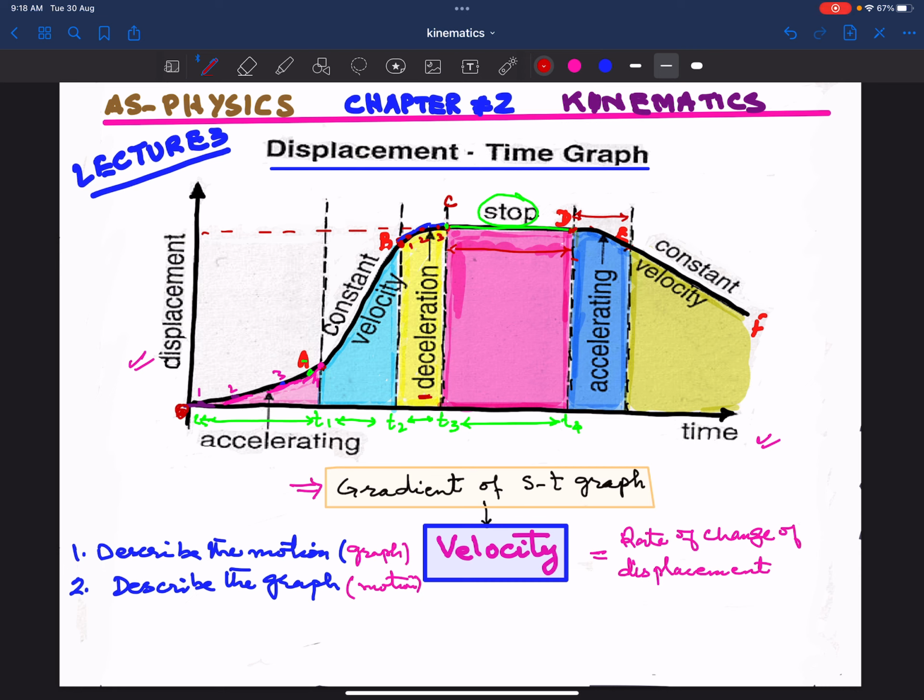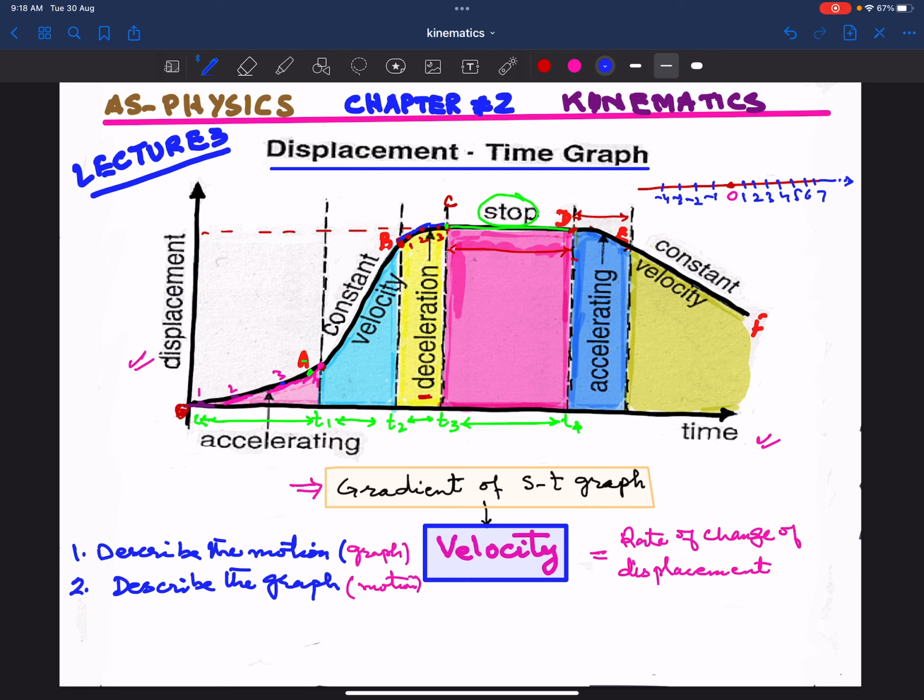In the first lecture I have described this in detail, what the positive displacement is. Suppose you are considering a number line, then here you have 0, and on the right side you have all positive numbers like 1, 2, 3, 4, 5, 6, 7, 8 and so on.